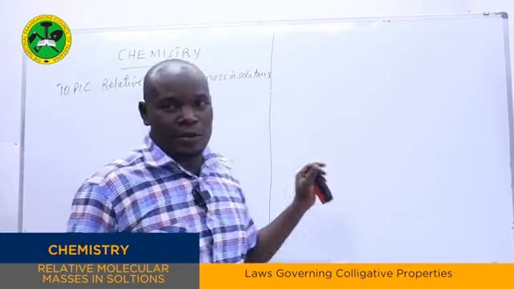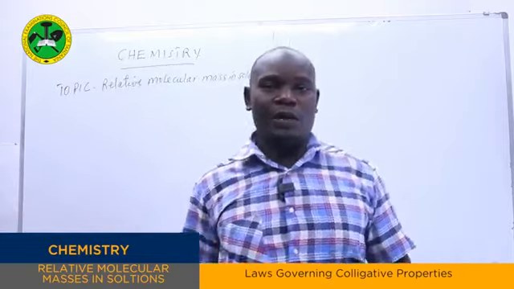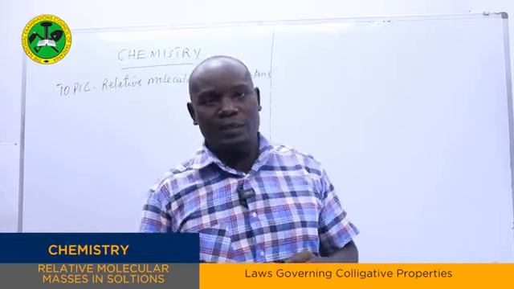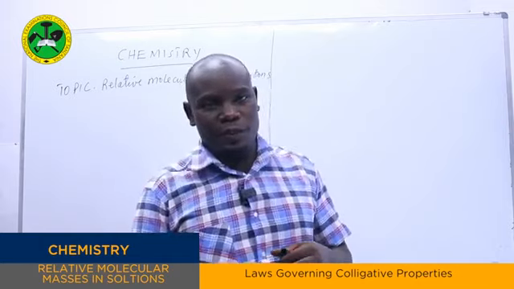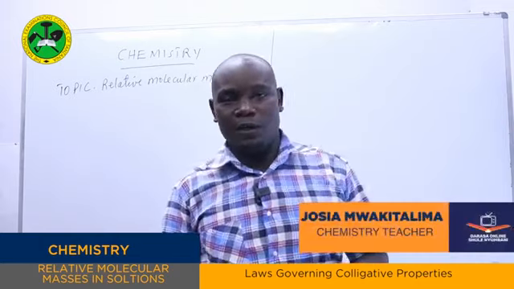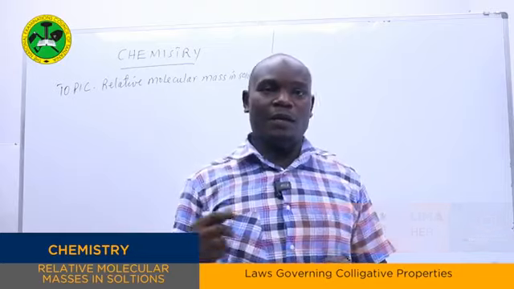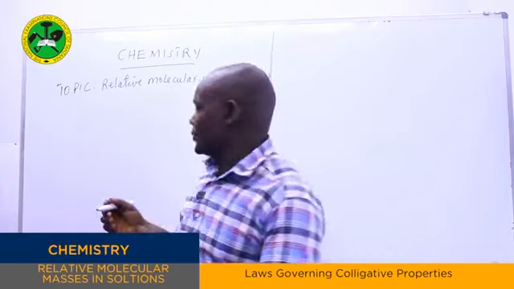So this is our main topic, and this topic has two main subtopics, that is the properties of colligative and the laws governing colligative properties. Today we are going to start with the subtopic known as laws governing colligative properties.